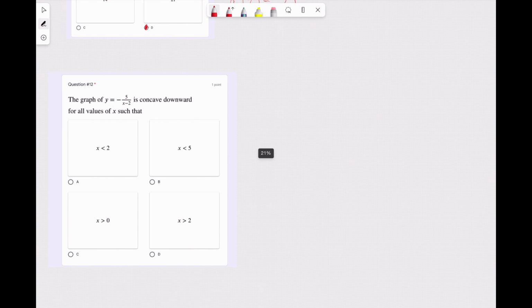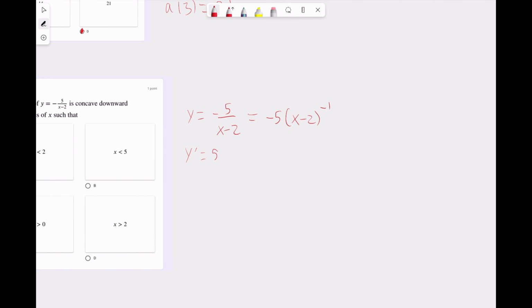So let's write that. So we have y is equal to -5 over x minus 2. So we're going to find the first derivative. So it's going to be y prime is equal to positive 5 times x minus 2 to the power of -2.